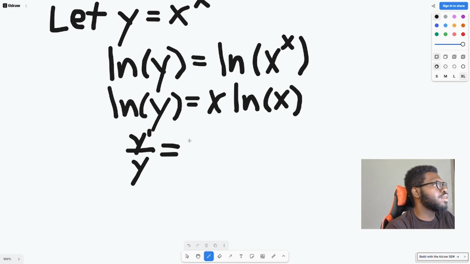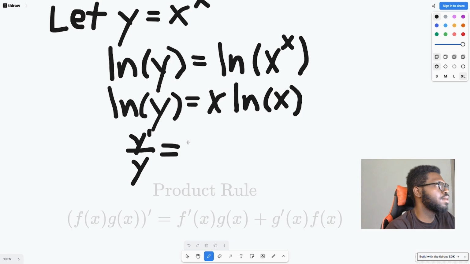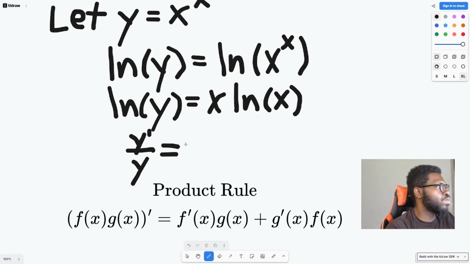And then on the right side, we're going to have to use the product rule. The derivative of x is 1. So the first term is going to be 1 times ln x, which is just ln x. And the second term is going to be the derivative of ln x times x.